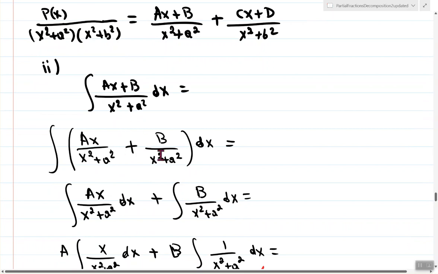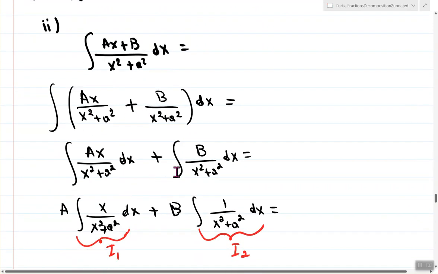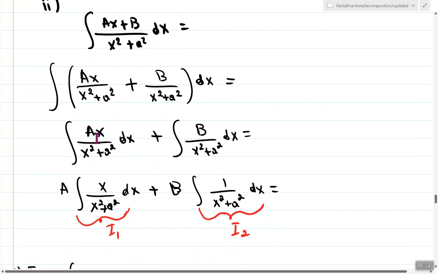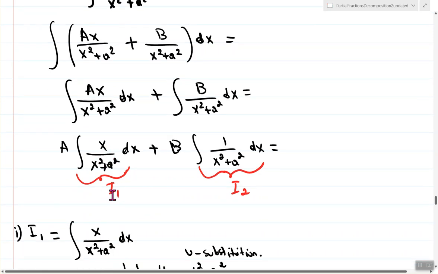The integral of a sum is the sum of integrals, so we integrate each term and then add. For the first one, since a is a constant, we can move it outside of the integral sign and then integrate x over x squared plus a squared dx.